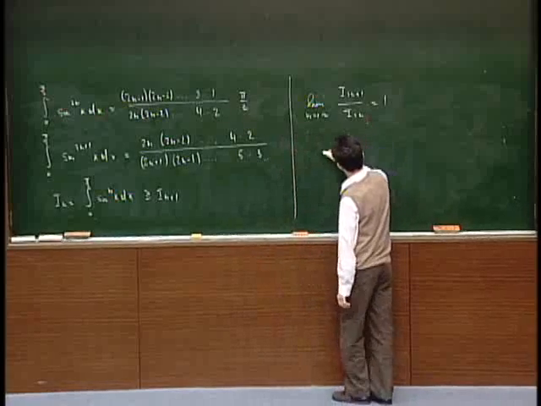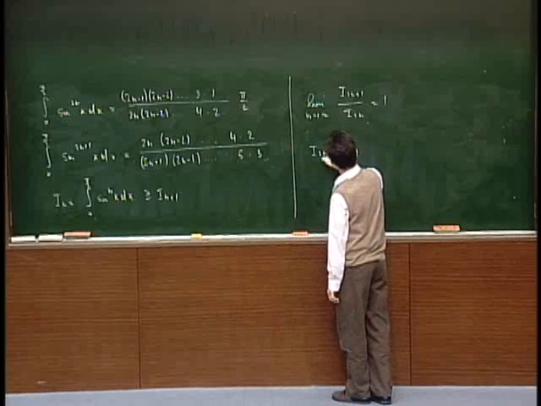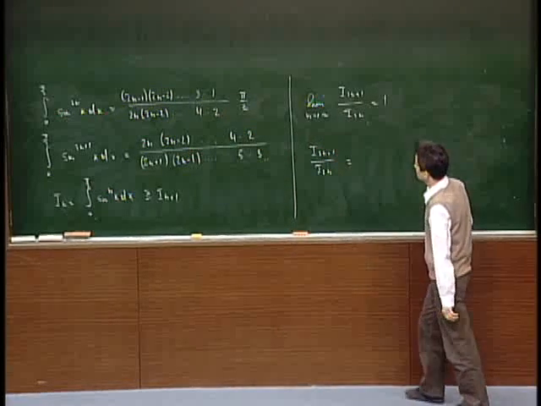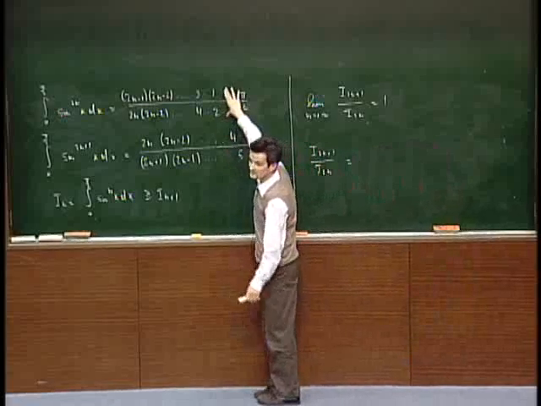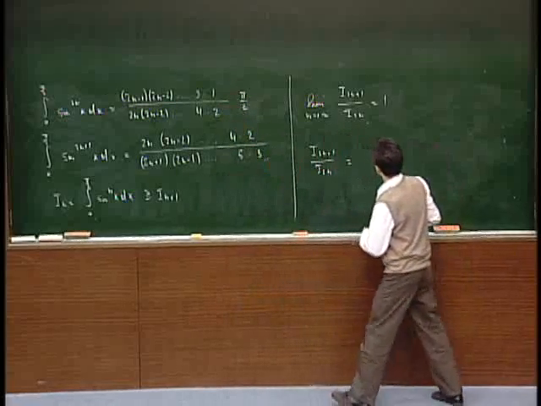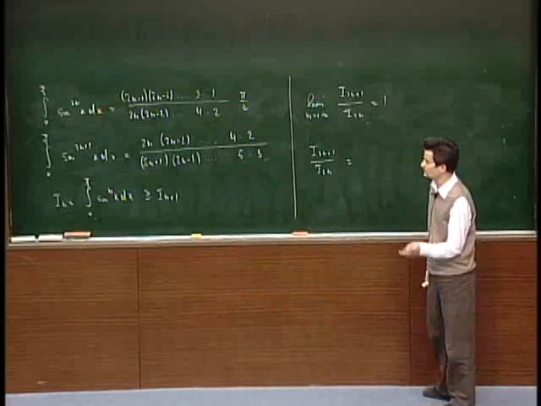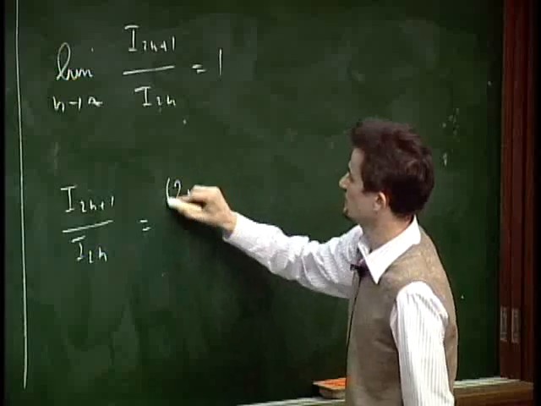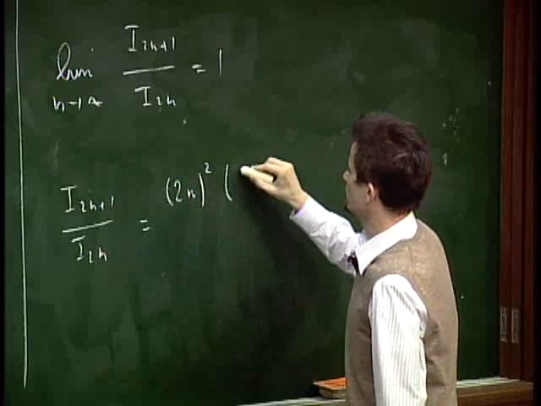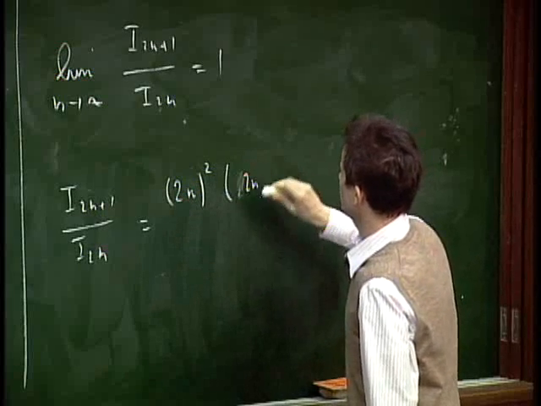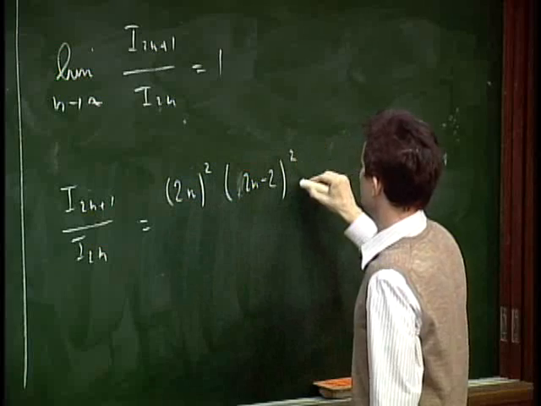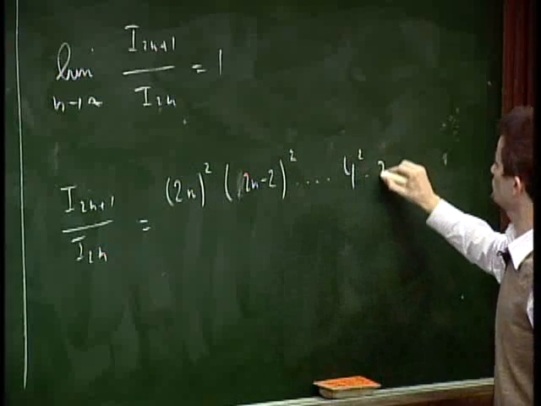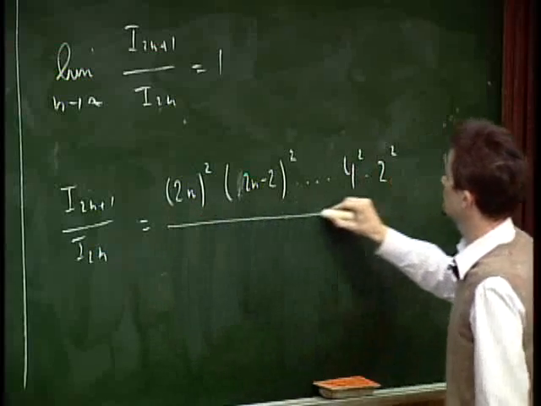Now, if you write this out, what do you have? I_{2n+1} over I_{2n} is equal to, so you must divide this by this here. In the numerator you have all the even numbers twice: (2n)^2, then (2n-2)^2, and so on, times 4^2 times 2^2.